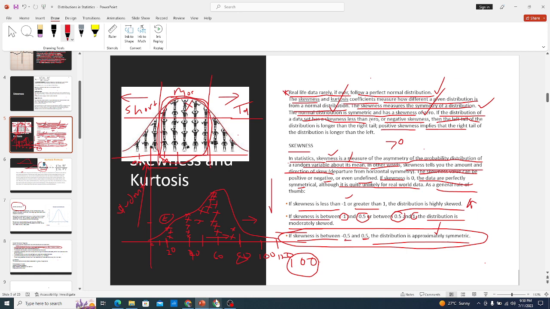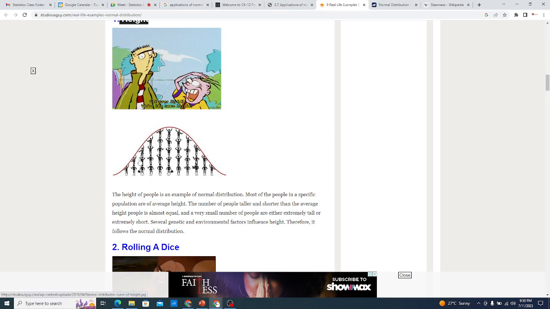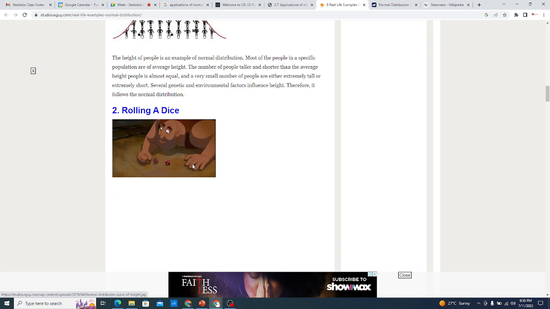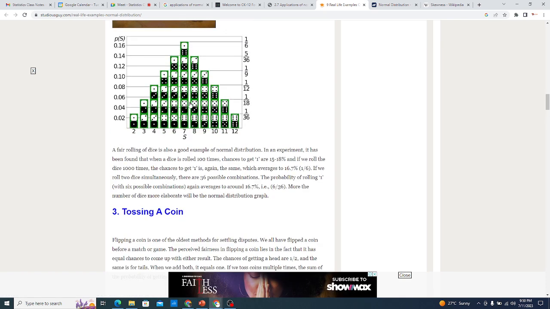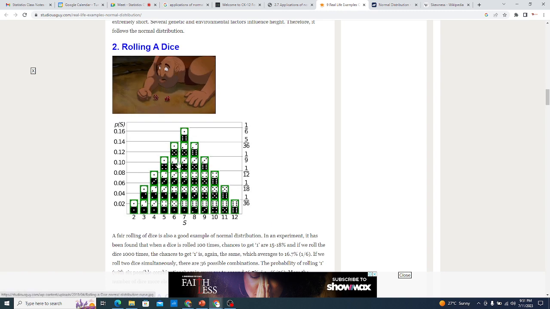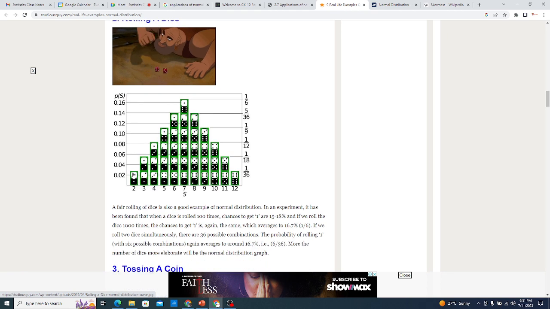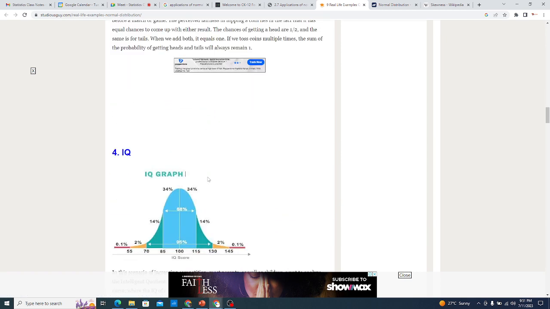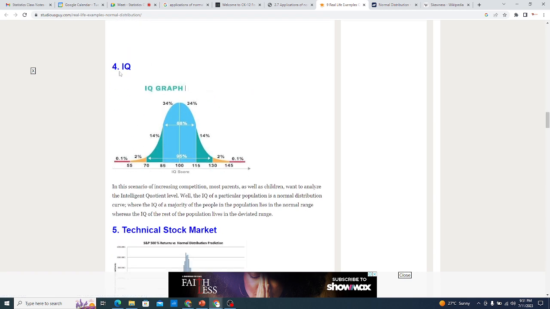But I guess this picture better shows you the distribution. It's the same for rolling a dice, where you can see the number of rolls we are making. Also tossing a coin, and also IQ, or intelligence quotient, maybe from a survey or competition. So you can have that data plotted.